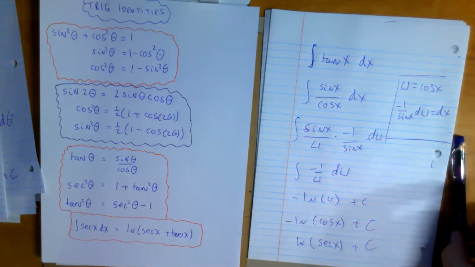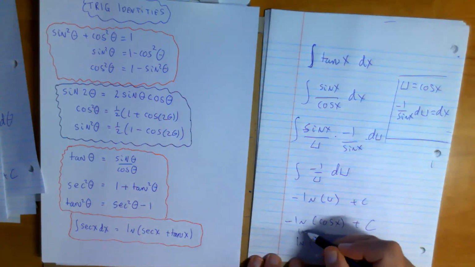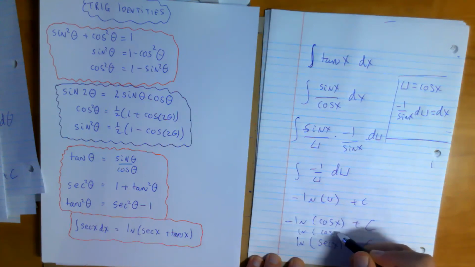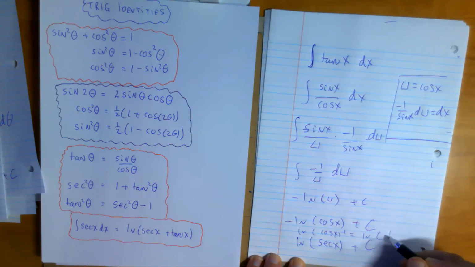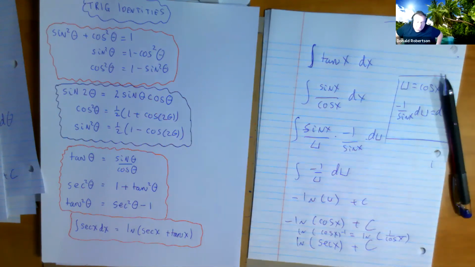So that's how they get the negative. If you put it back where it was, then it'd be 1 over cosine x. That's where it came from. Trig is full of little nasty, sneaky, dirty tweaks that will kill you.